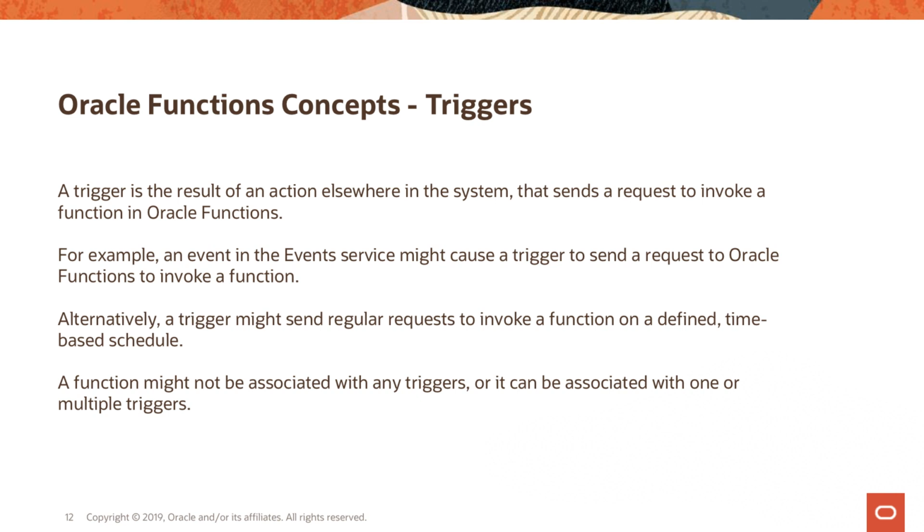The trigger event could be something in the OCI event service, or you can also use the HTTPS endpoints to trigger a function, or a defined time-based schedule as well. You can associate specific triggers to a function, or you can have functions with more than one trigger or with no trigger, etc.